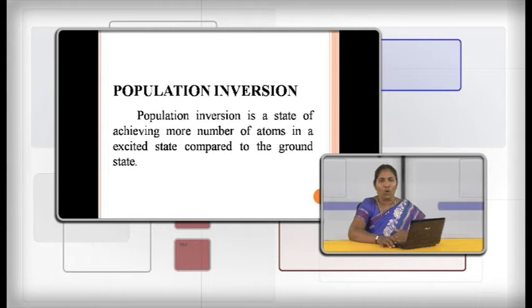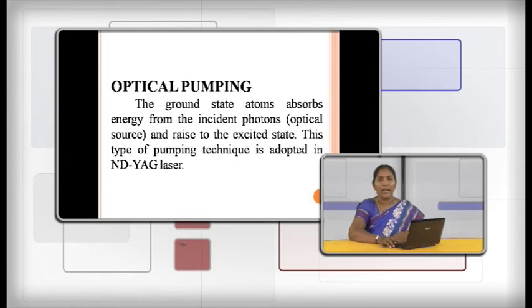Population inversion can be achieved by different methods. We are going to see one of the methods, that is optical pumping. The ground state atoms absorb energy from the incident photons, that is, from the optical source. The source may be a xenon or krypton flash tube, and the atoms get energy from the incident photons and rise to the excited state.